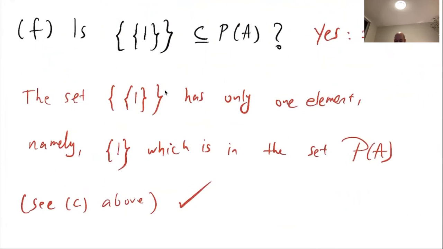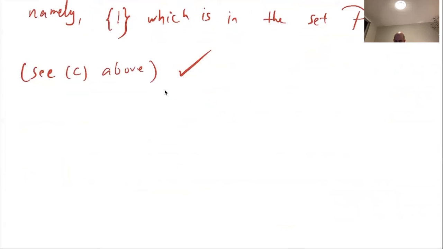Okay, what else can we ask? G is, let's say, does 1 belong to A? What about A itself?